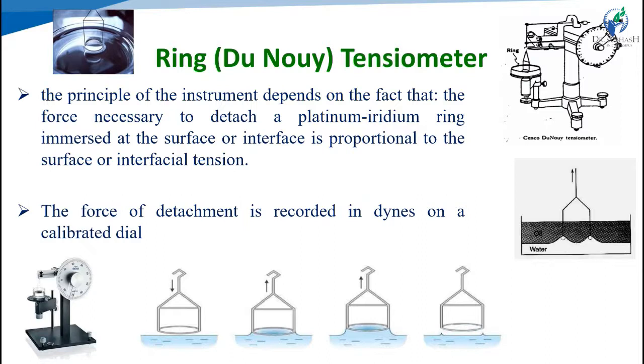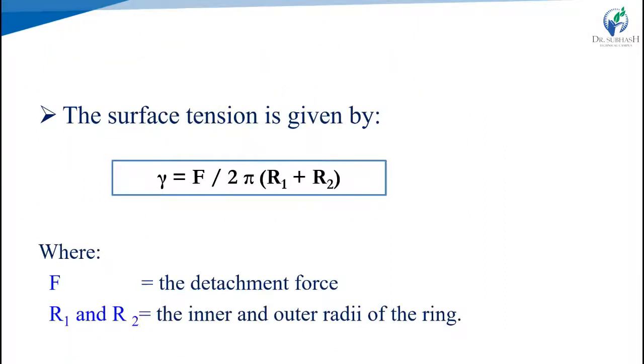The knob of the torsion wire is then slowly turned till the ring is just detached from the surface of the liquid. Then we take the reading shown by the pointer on the scale, which gives the force, so that the surface tension is then calculated from the following equations.